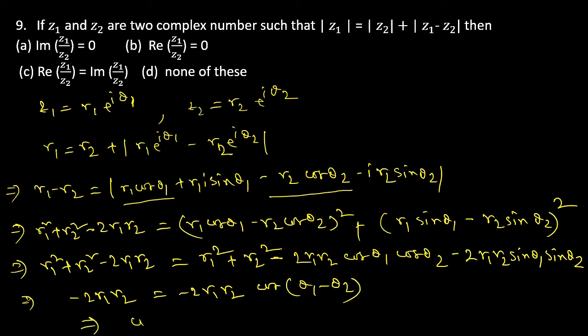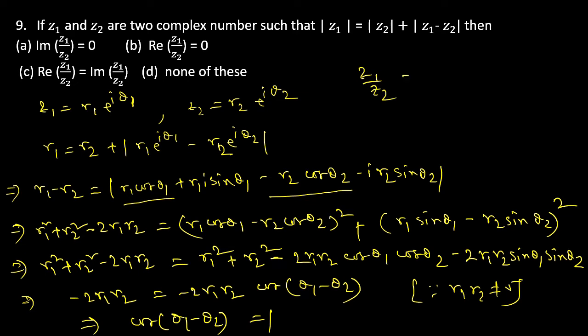Then we get cos (theta 1 minus theta 2) is 1, since R1 R2 not equal to 0. Now Z1 by Z2 is R1 by R2 into e to the power i (theta 1 minus theta 2).